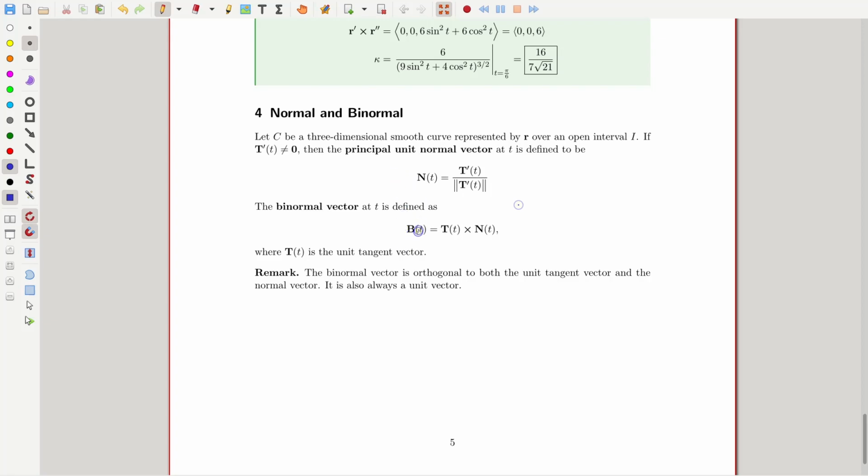So the binormal is perpendicular to the tangent and the normal vector, and they're all of unit length. So it creates a convenient coordinate system for objects that are moving in space. It's like a moving reference frame.